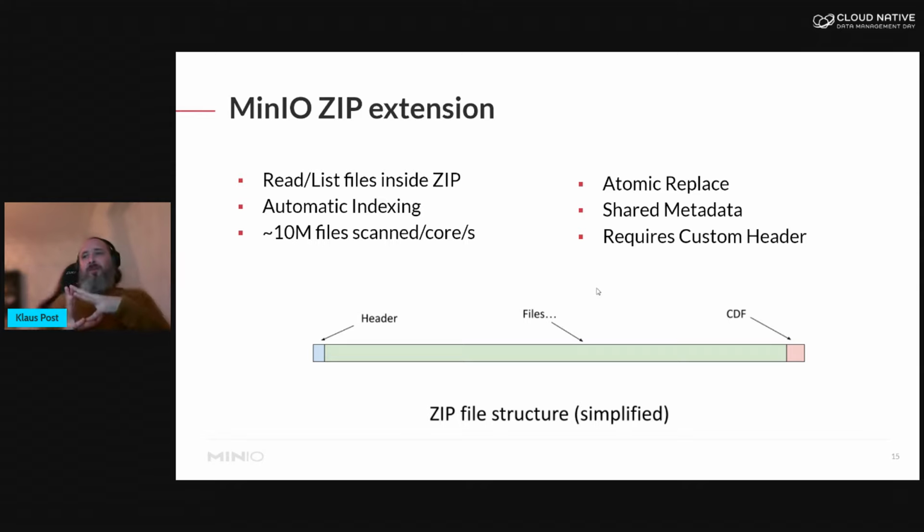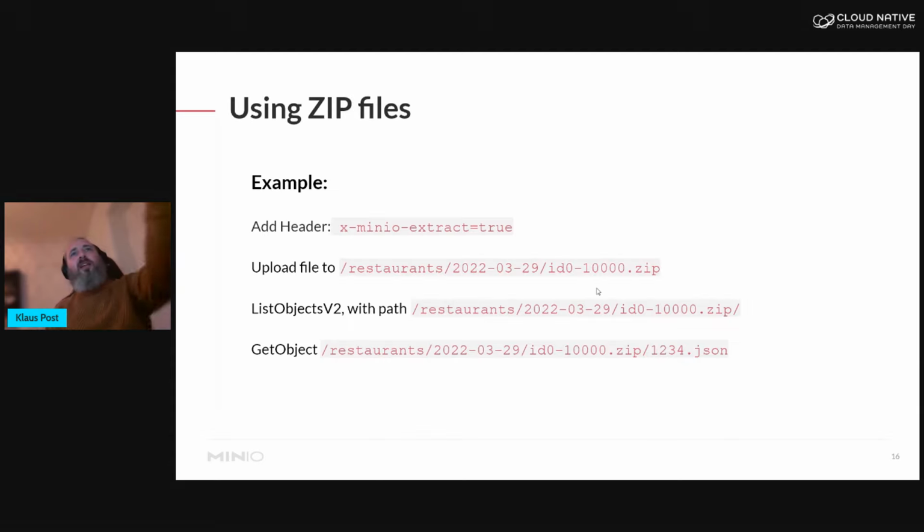Similar to how the tar file upload requires a custom header, this also requires a custom header, just to be sure it isn't accidentally triggered by a client. So you add a header called x-minio-extract equals true, and you upload your zip file. So we upload restaurants with the date.